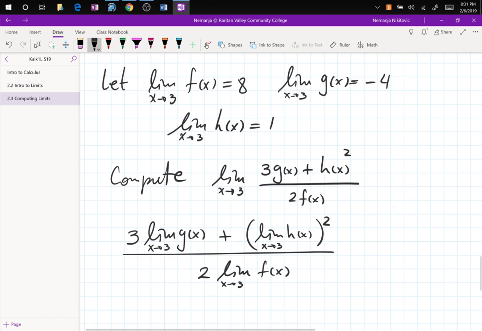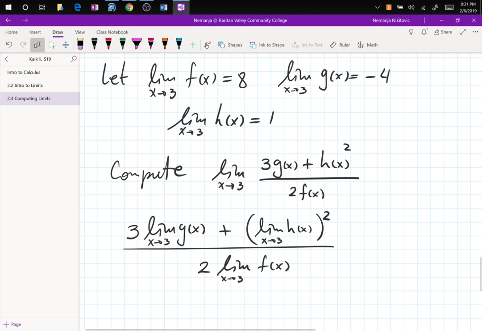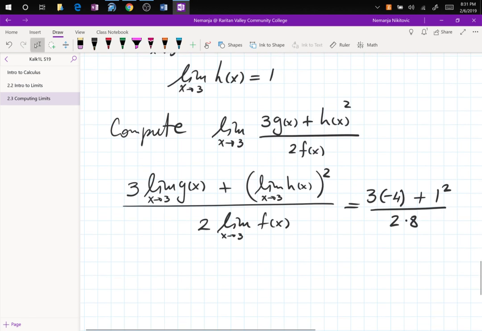And now you just replace the numbers. Be very careful. So limit of g of x is negative 4, so I have 3 times negative 4 plus h is 1, so that's 1 squared, divided by 2 times f, which is 8. So this is negative 12 plus 1 divided by 16, negative 11 over 16.